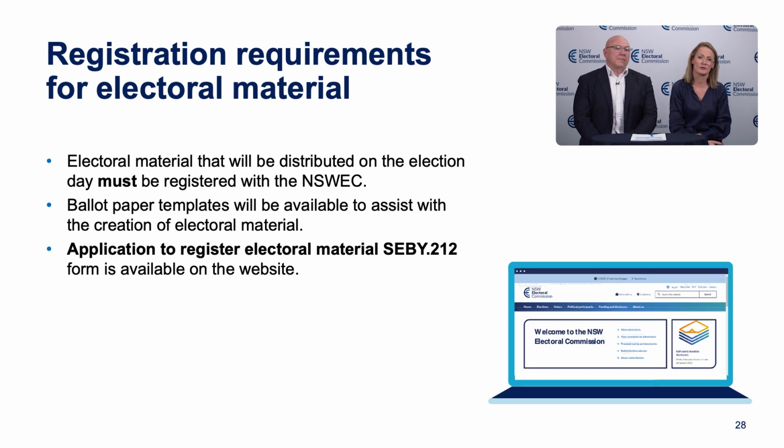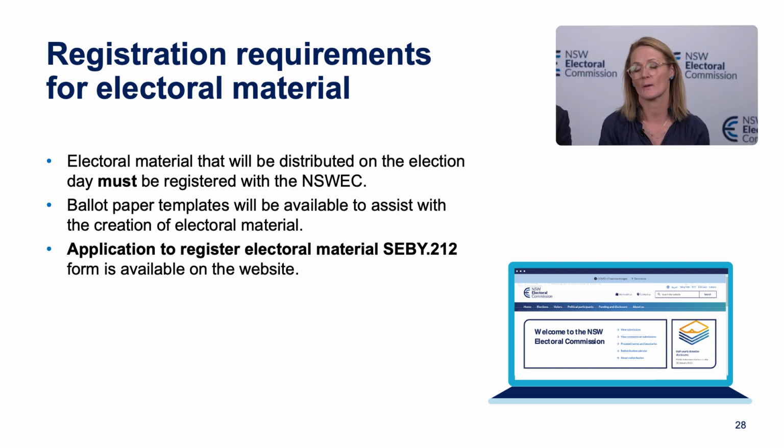Electoral material distributed on election day is required to be registered with the New South Wales Electoral Commission. The New South Wales Electoral Commission will make ballot paper templates available to you following the conduct of the ballot paper draw. You may find the ballot paper templates will assist you in preparing your electoral material.